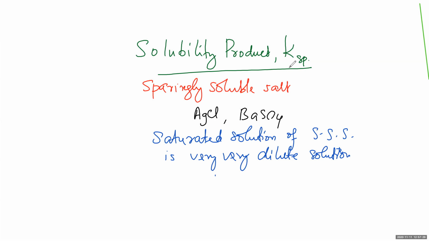For example, you take silver chloride. It's a very dilute solution, and you will get Ag plus and Cl minus ions.